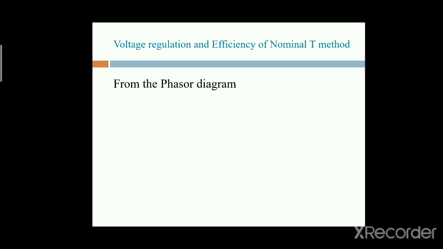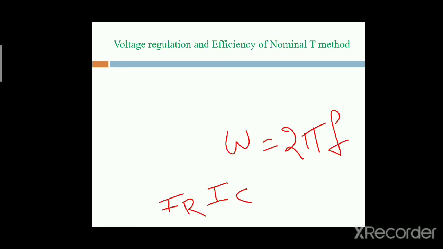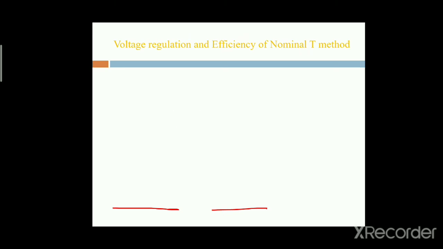Next, from the phasor diagram or equivalent circuit diagram, Vs is equal to V dash plus Is Z by 2. What is the formula for Vs?